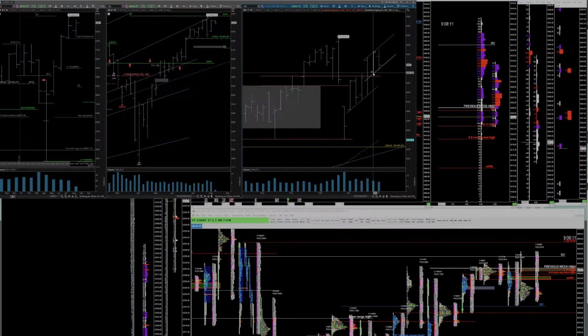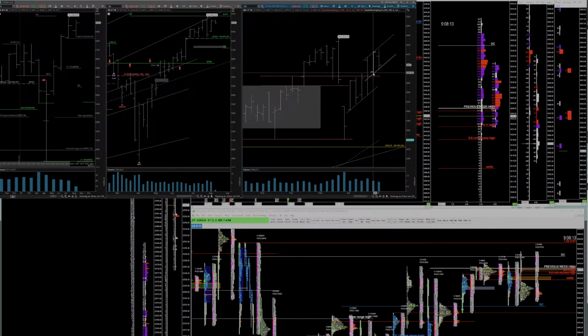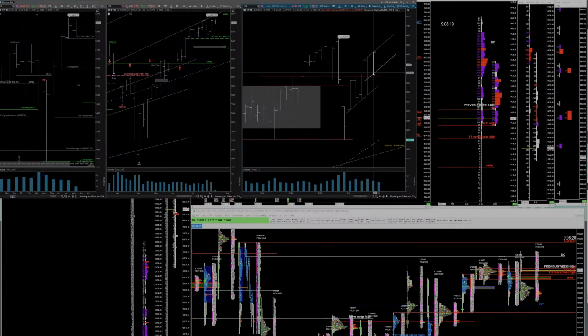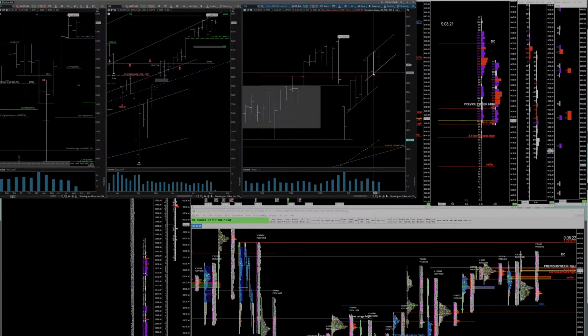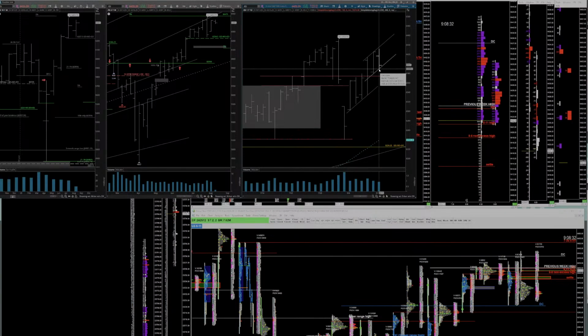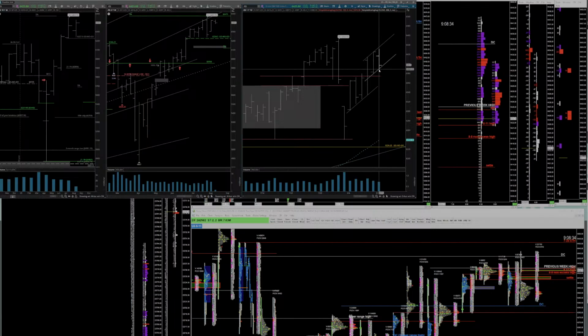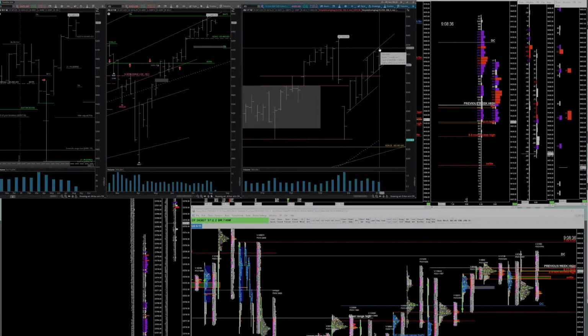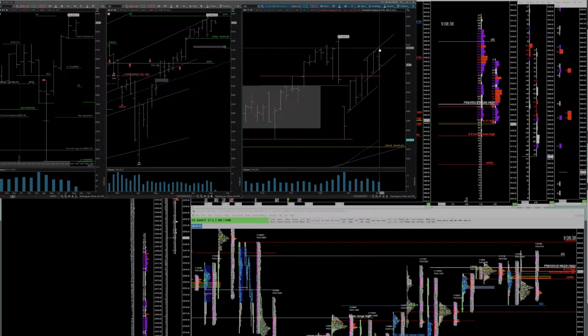I can be long, I can be short, I may think this can happen or that can happen. It doesn't matter. What really matters is what the market does. And that's how we got this line in the bottom, and how we got a low here, failing to reach the upper side.